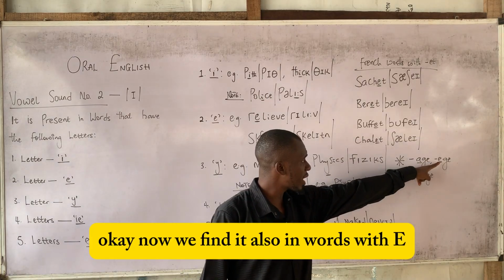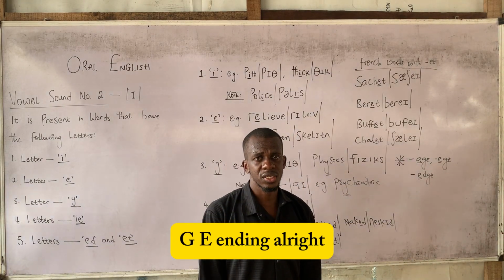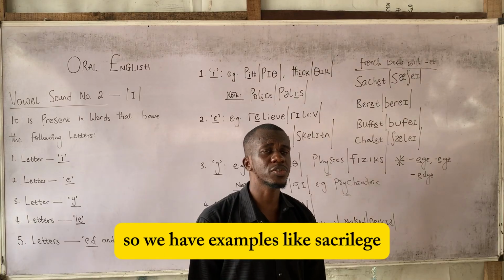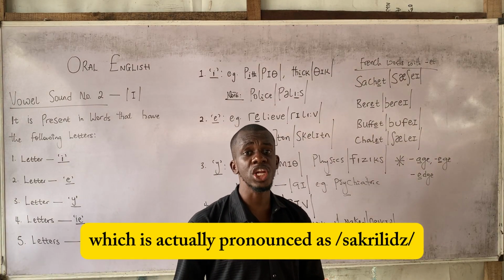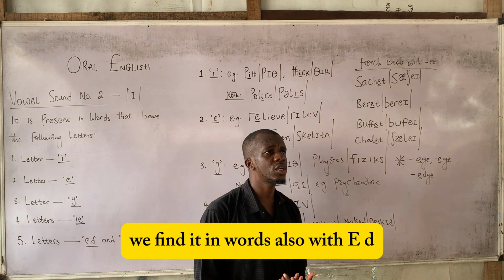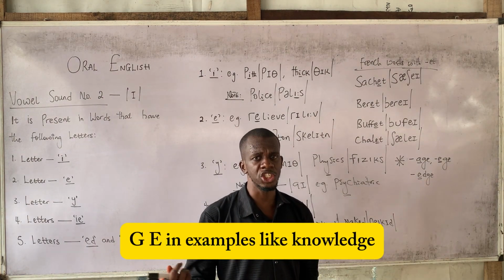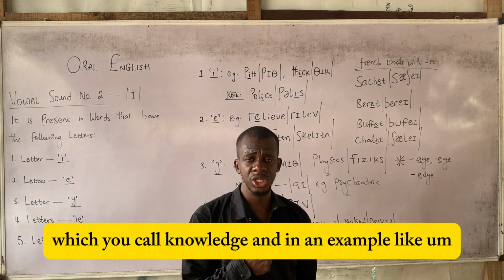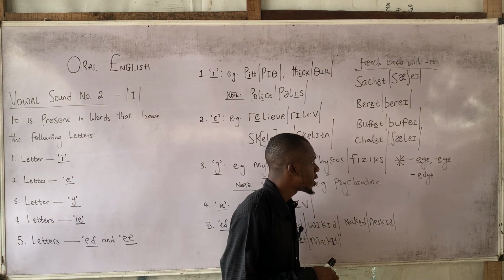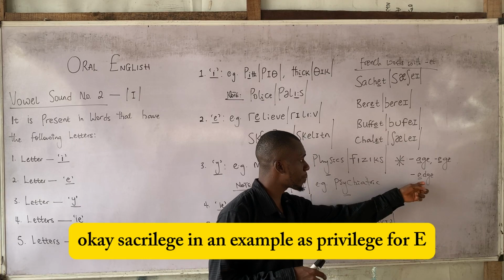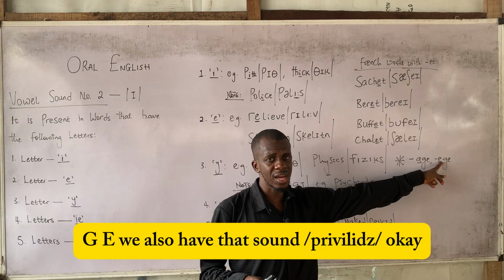Okay? Now we find it also in words with ege ending. All right? So we have examples like sacrilege. We find it in words also with edge in examples like knowledge, and in an example as privilege for ege, we also have that sound.